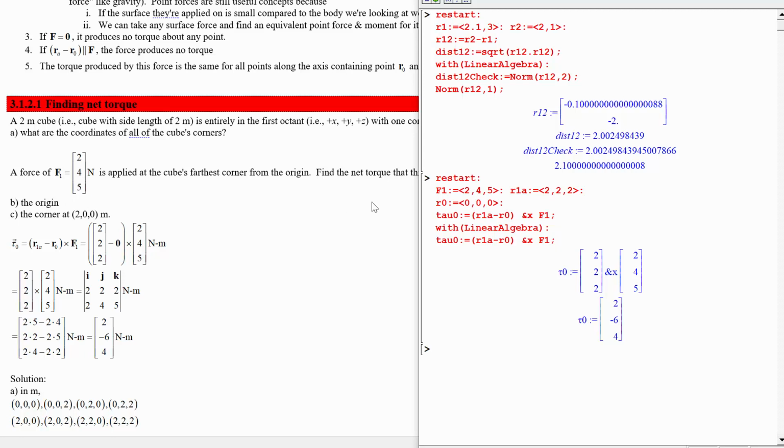We can find the sine of the angle between them by using the distance thing there, right? So if we take the norm, maybe sine theta, the angle between these vectors that we're crossing, must be equal to the magnitude of this tau naught, so that's the norm of tau naught, divided by the product of norms of those starting vectors.